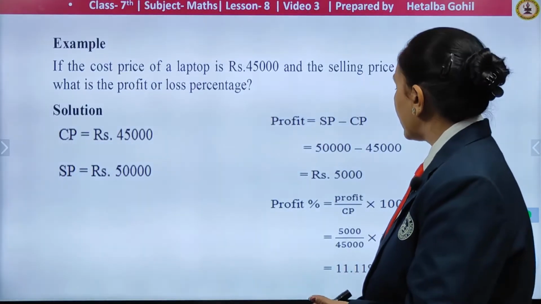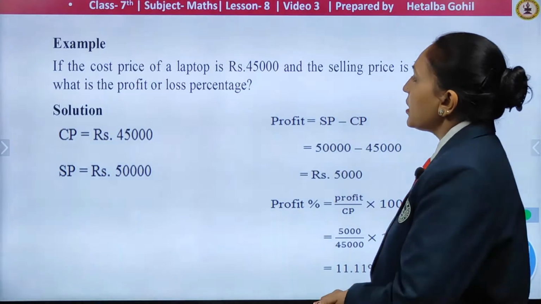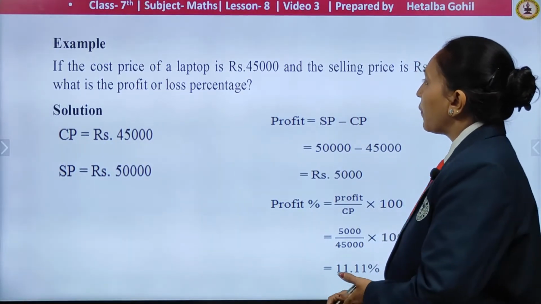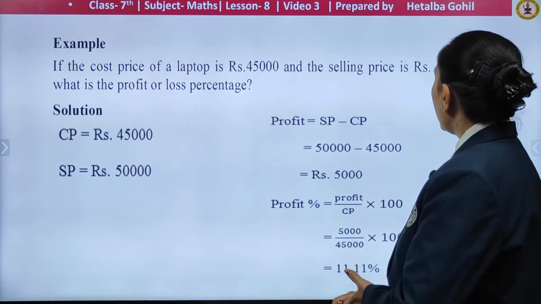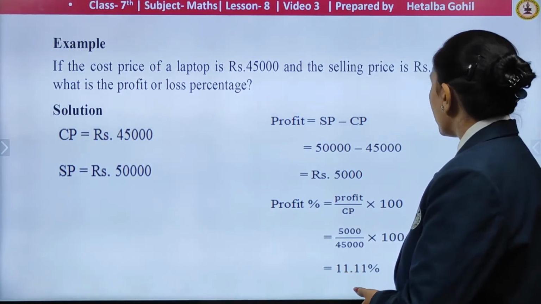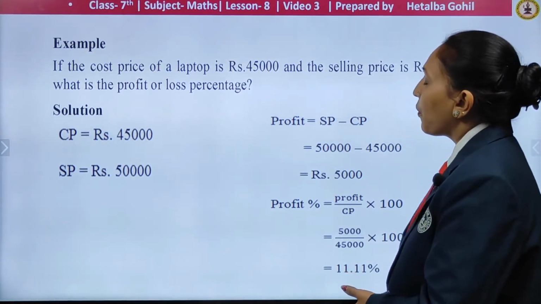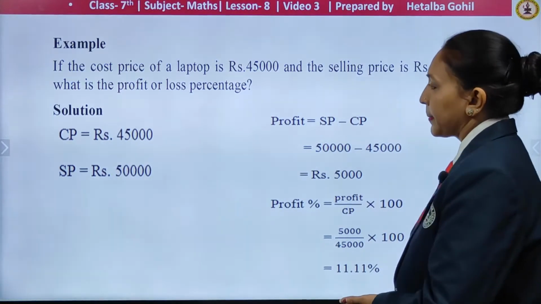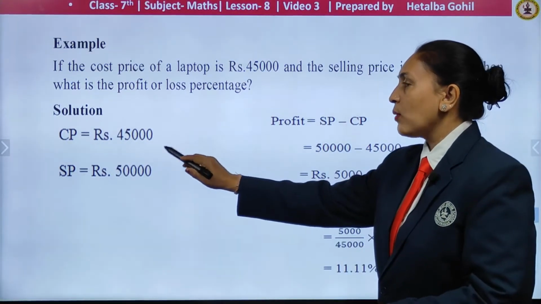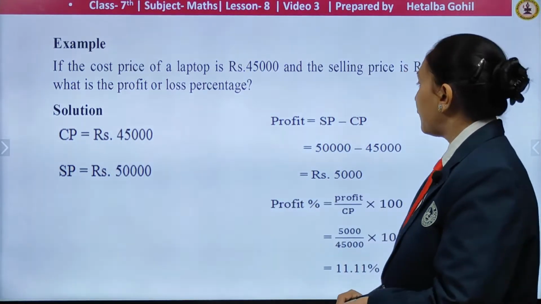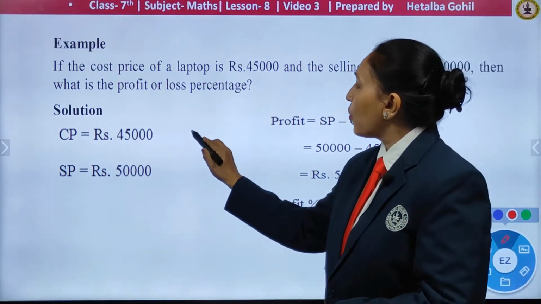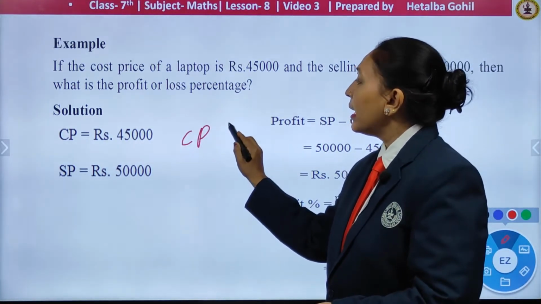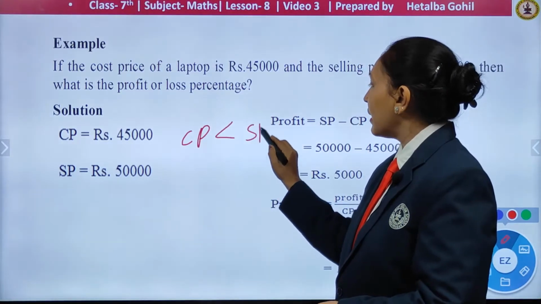Let us take one example for that. If the cost price of a laptop is rupees 45,000 and the selling price is rupees 50,000, then what is the profit or loss percentage? Cost price is 45,000 and selling price is 50,000, children. Here cost price is less than the selling price.